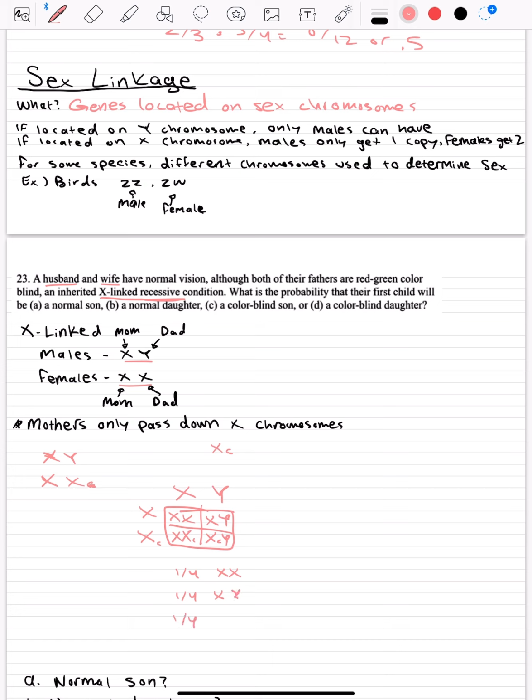1/4 having XCX, 1/4 having XCY. So 3 out of 4 of these individuals have no color blindness.